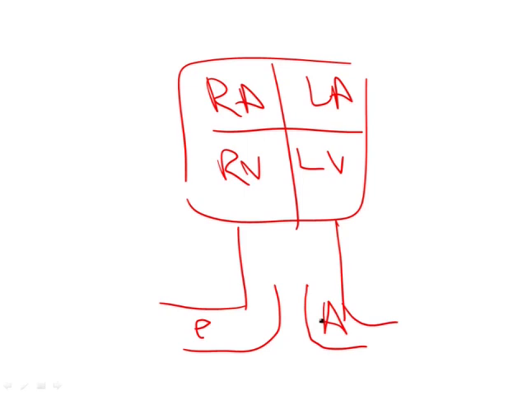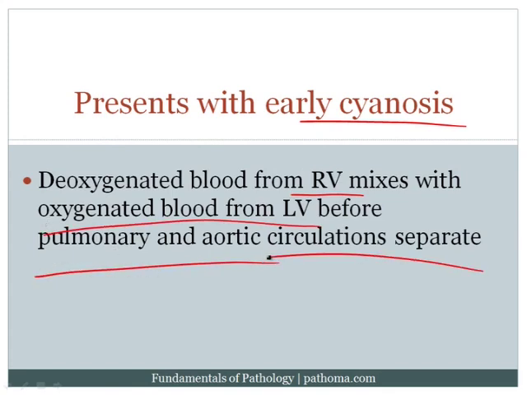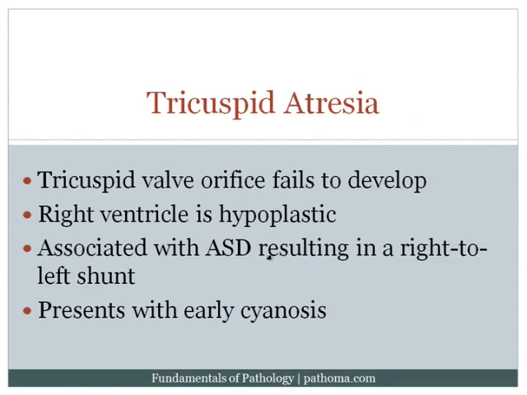However, what's going to happen is that the deoxygenated blood coming from here is going to mix with the oxygenated blood coming here, so that you're going to send some deoxygenated blood down this way. And so that's going to result in early cyanosis. And so these patients present with early cyanosis, and the reason is that the deoxygenated blood from the right ventricle mixes with the oxygenated blood from the left ventricle before those circuits actually separate. I've already described that in the image.